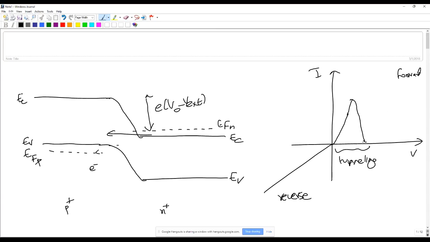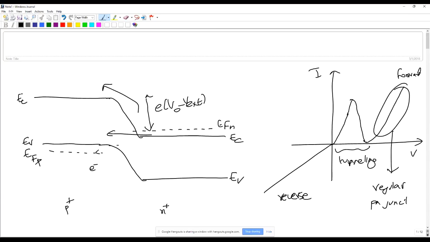But as the voltage increases, your current starts to increase again because now you have the regular injection of minority carriers, which is how PN junctions work. So this is your regular PN junction behavior, and then this is the tunneling behavior.